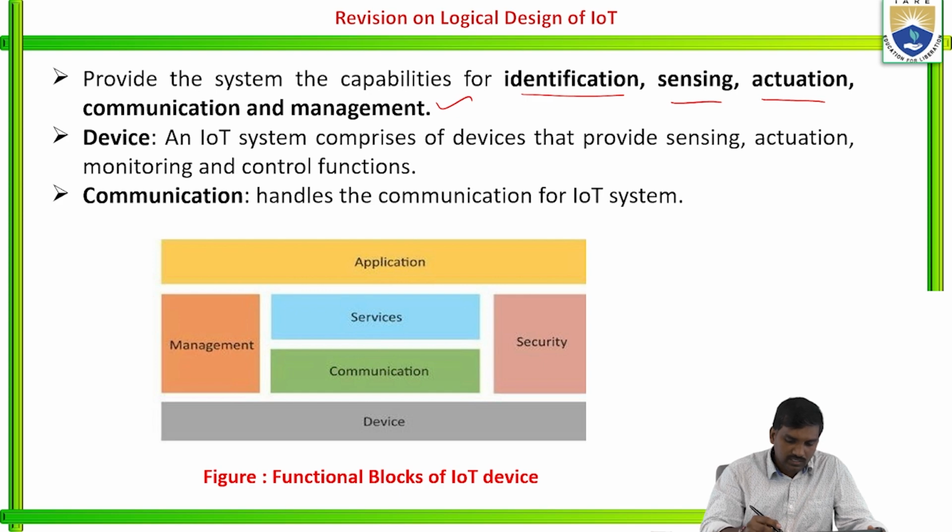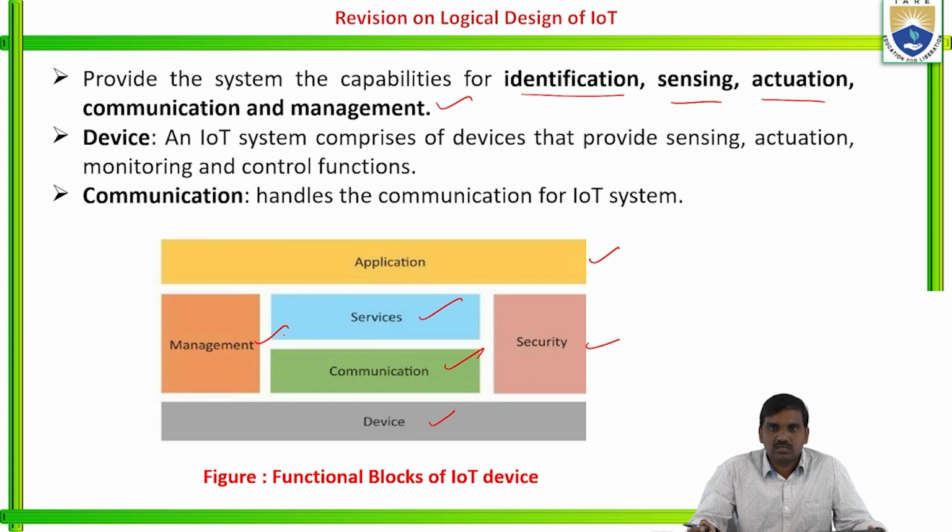These are the functional blocks of an IoT device based on the application: service, communication, and devices. It can also provide some security protocols, for how the systems are managed by the particular protocol. An IoT device comprises devices that provide sensing, actuation, monitoring, and control functions.